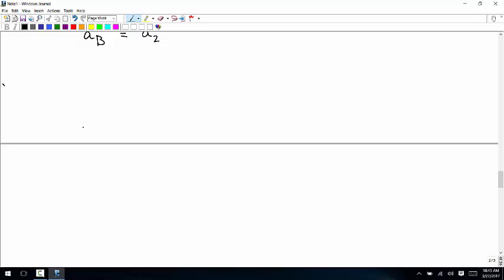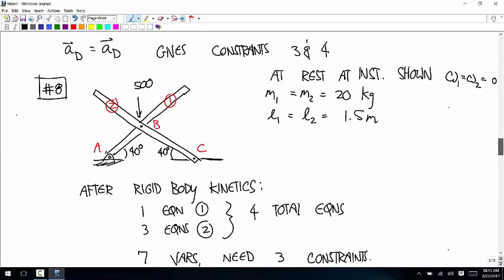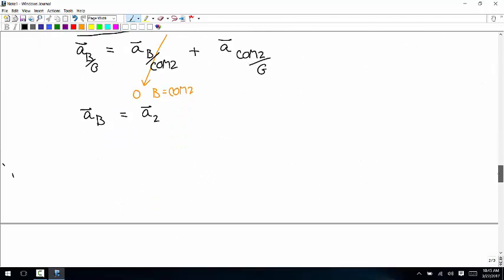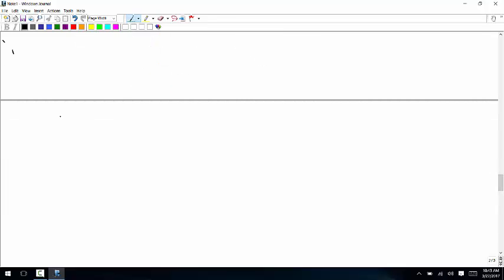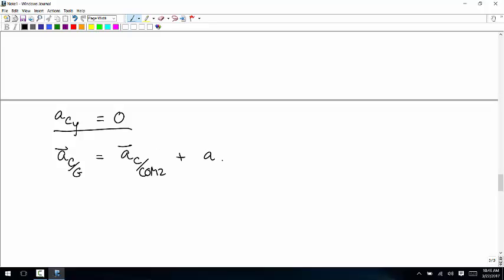And then the second constraint says that the acceleration of C, y component, is equal to 0. The acceleration of C relative to the ground is equal to the acceleration of C relative to the center of mass of 2 plus the acceleration of the center of mass of 2 relative to the ground.